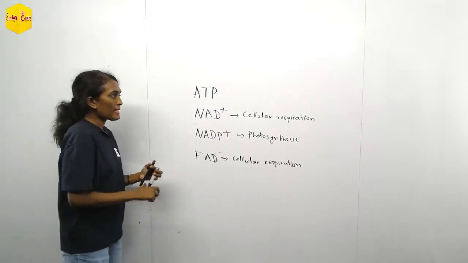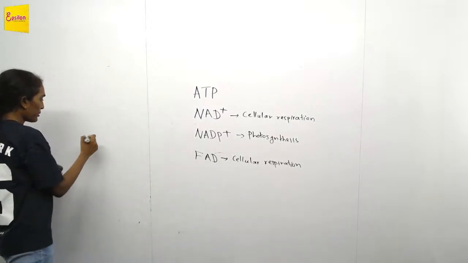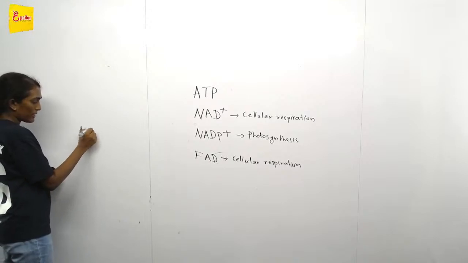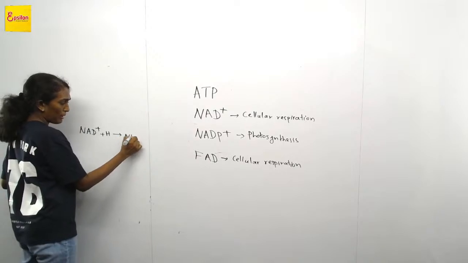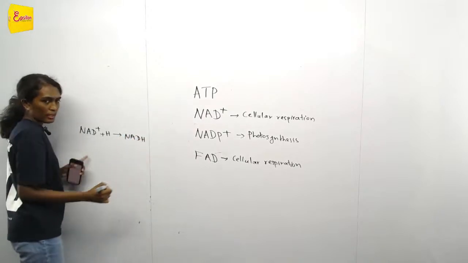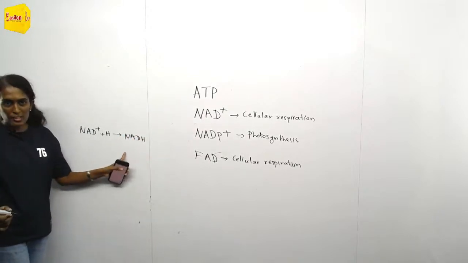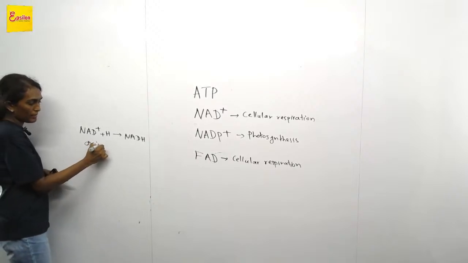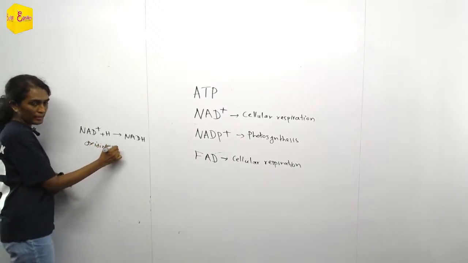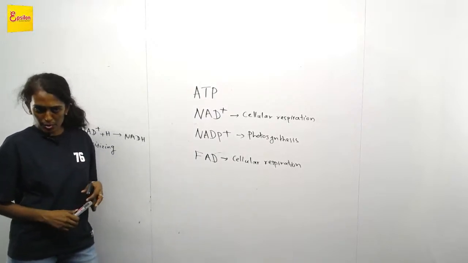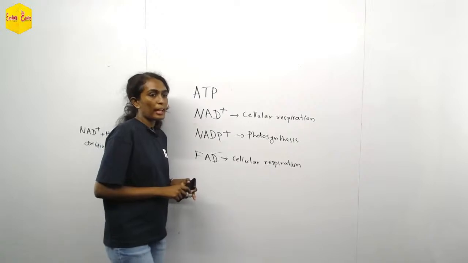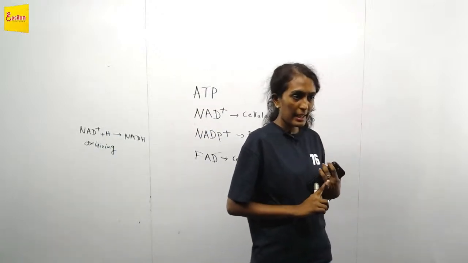Since these molecules can be reduced by taking hydrogen, let's say NAD plus can take hydrogen and be reduced into NADH, they can reduce themselves while oxidizing something else. Alright? So they can act as oxidizing agents. Understood? So these are electron carriers and oxidizing agents.